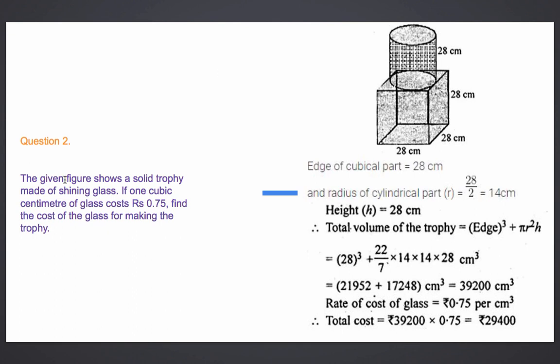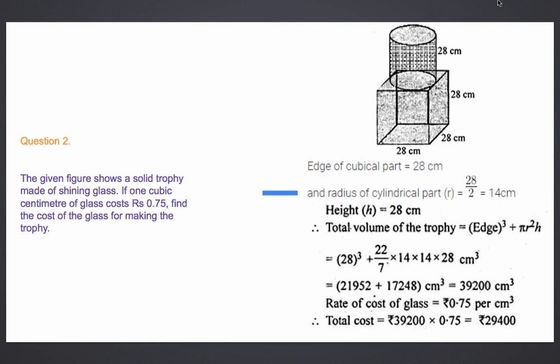Okay, now let's start. The given figure shows a solid trophy made of shining glass. If 1 cubic centimeter of glass costs rupees 0.75, find the cost of glass for making the trophy.